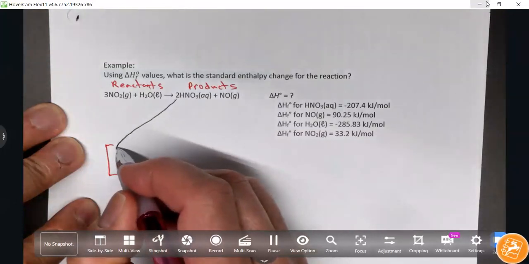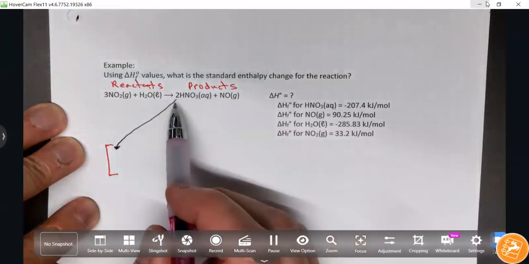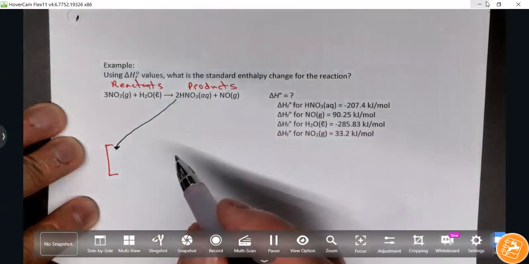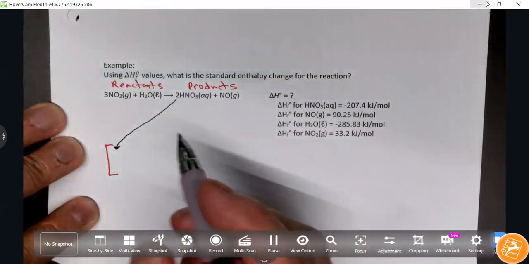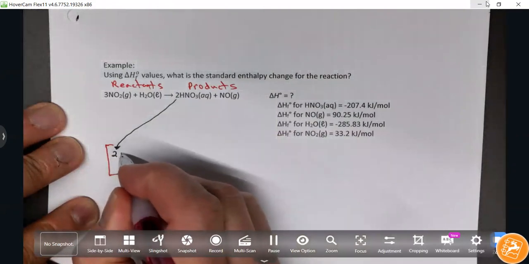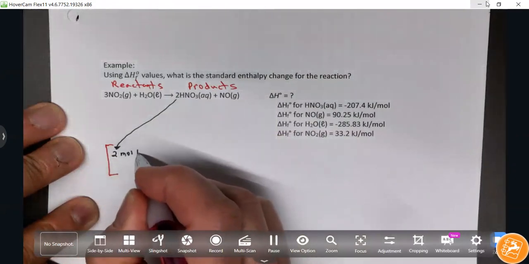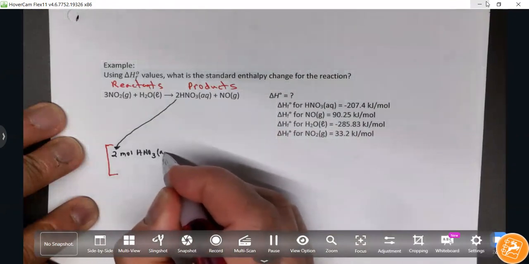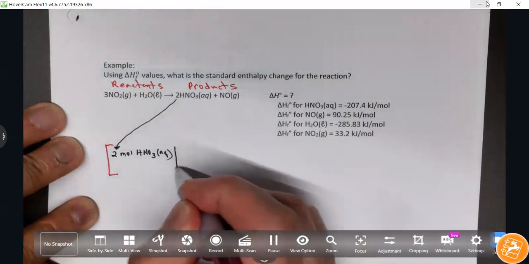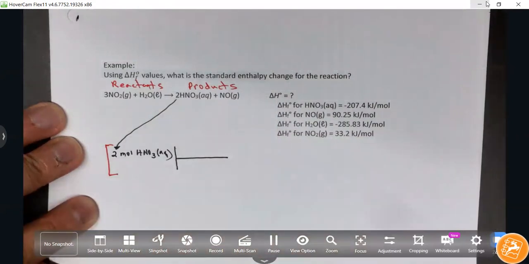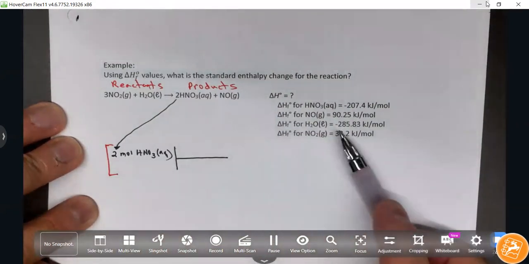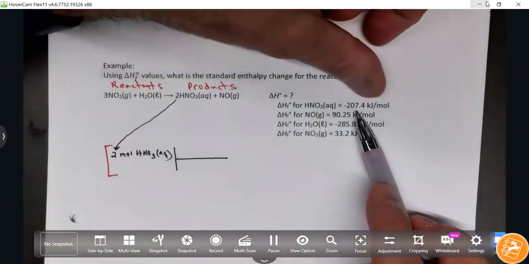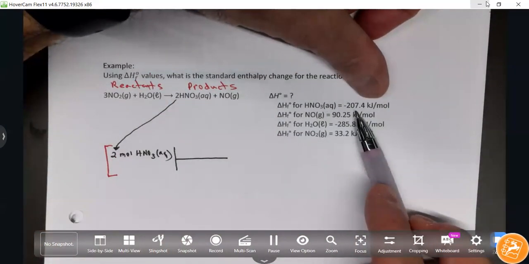So we are making 2 moles of HNO3. And the state matters, it's aqueous. HNO3 aqueous, negative 207.4 kilojoules per mole.